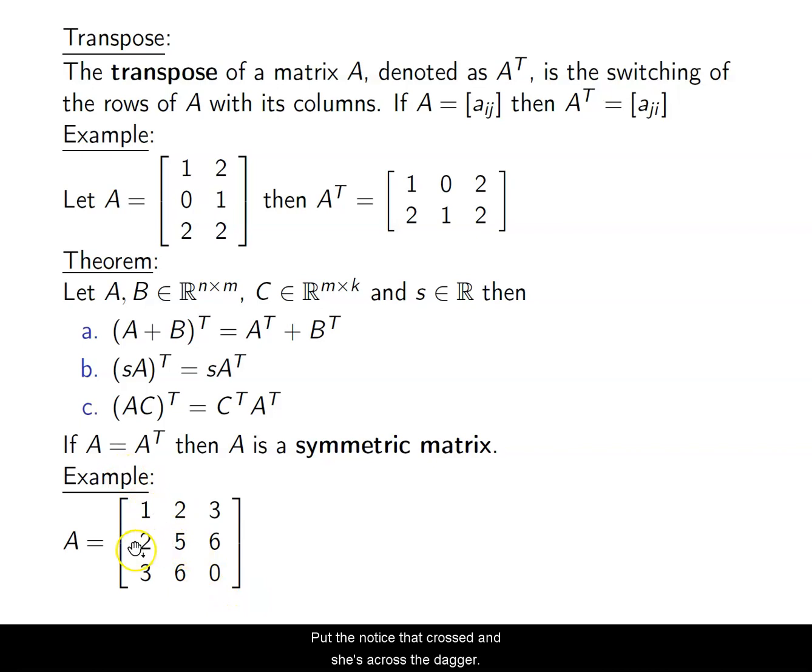But then notice that the entries across the diagonal are the same. 3 and 3, 2 and 2, 6 and 6. It's symmetric across the main diagonal. That's why we call it symmetric, because the transpose is just going to get you the same thing, because you are flipping it across the main diagonal, right? And of course, it should be obvious that only a square matrix can be a symmetric matrix.